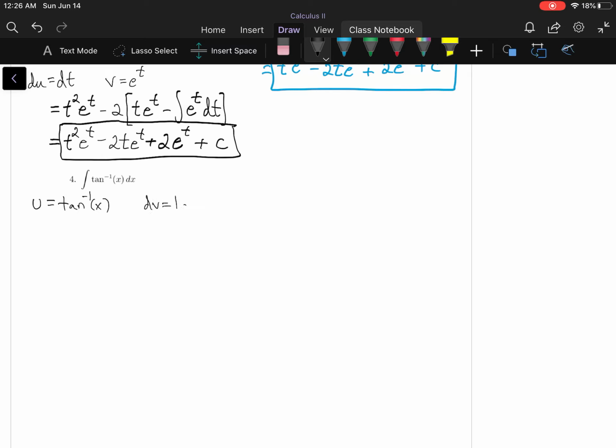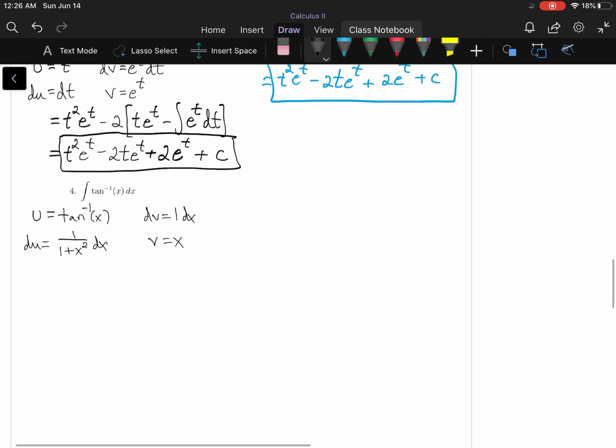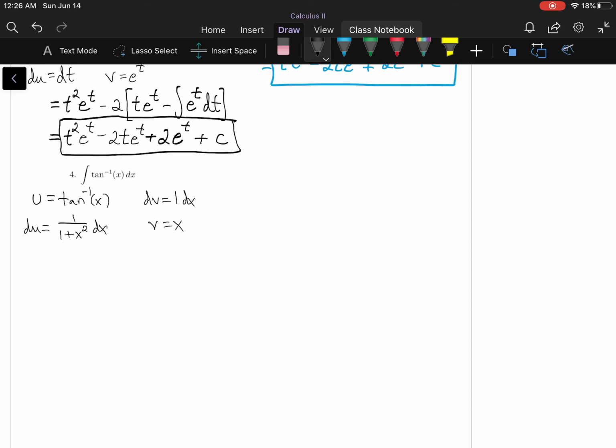dv is going to be the 1 dx, which means that v is x. And du is going to be 1 over 1 plus x squared dx. So now we start putting these together.